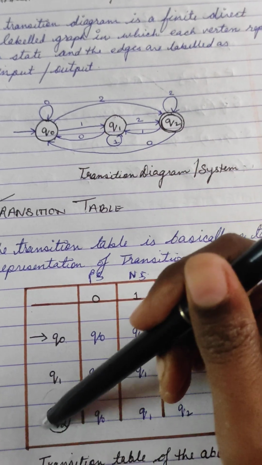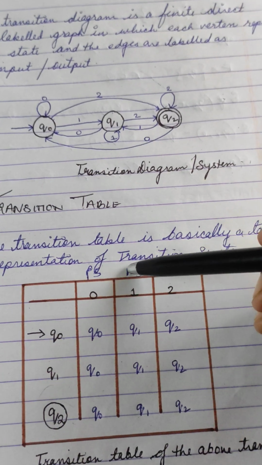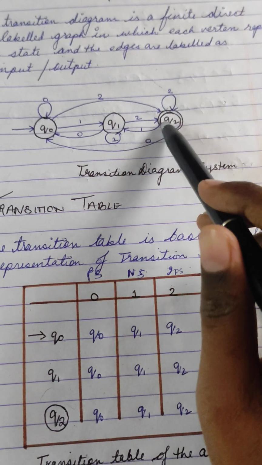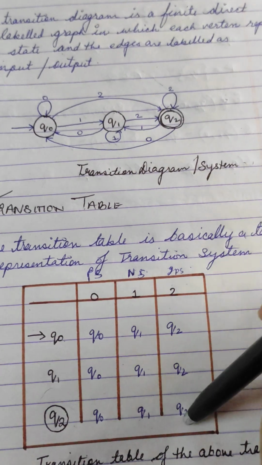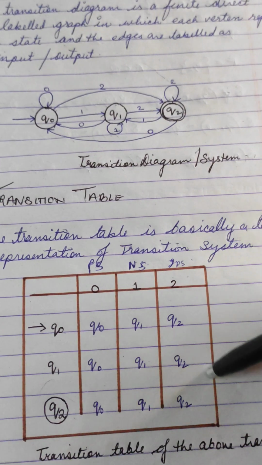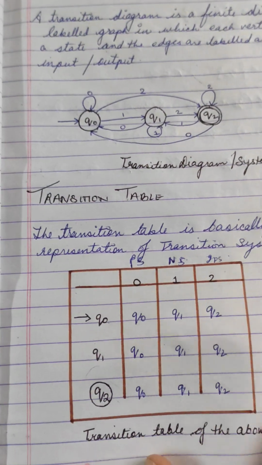Now Q2 with input 0 gives Q0, Q2 with input 1 gives Q1, and Q2 with input 2 gives Q2. This is the transition table of the above transition diagram.